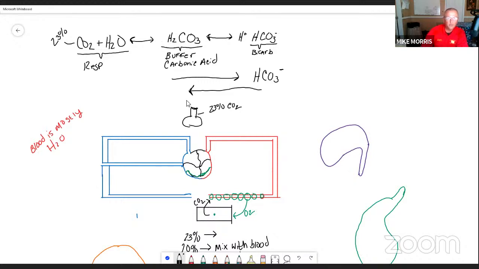We like to represent this part right here, the buffer, with the 70% of CO2 that mixes with the blood to create the buffer system.